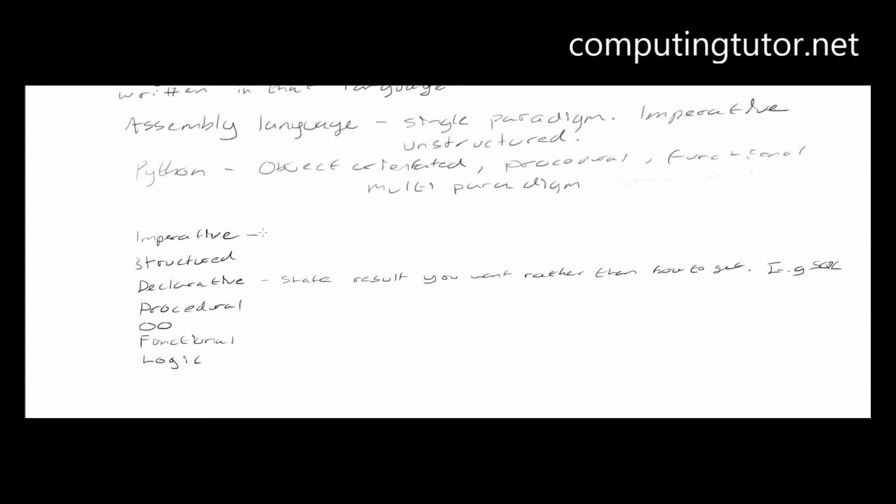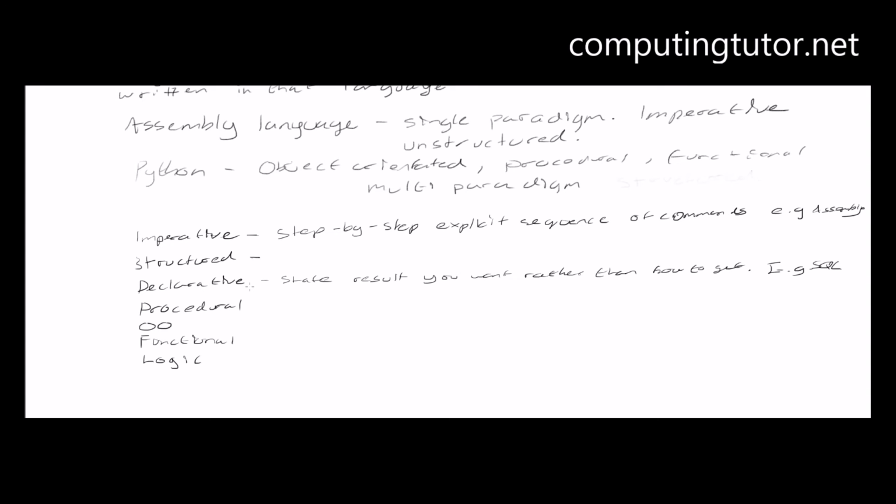We're just stating what we're doing step by step. So if I had an assembly program, it might say add 5, subtract 2, store in register 5 or something like that. And that would be a step by step set of instructions which would be written in an imperative style. For example, assembly.